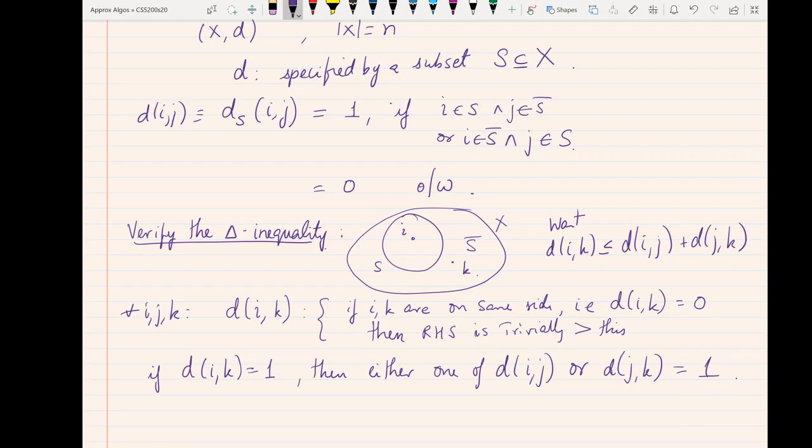Okay, because j has to lie either in S or in S complement. So either the distance from j to i is 1 or the distance to k is equal to 1. So this would imply the triangle inequality is satisfied.